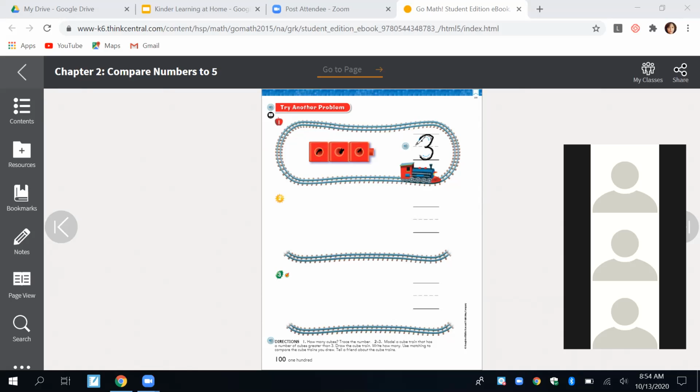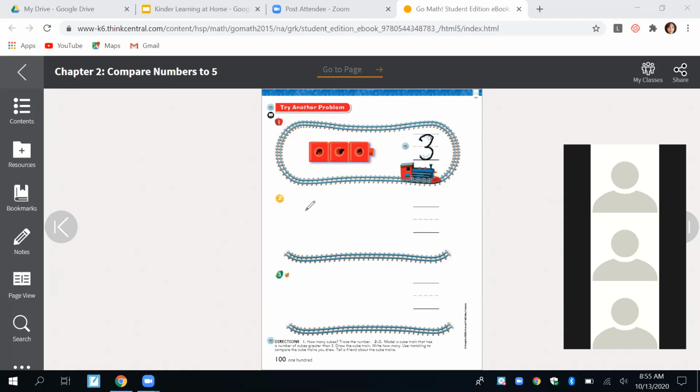Now we need to model a cube train that has a number of cubes that is greater than 3. So, Calvin, if I want a number greater than 3, how many cubes do I need to draw to make a greater number than 3? How many cubes? You want me to try 4?